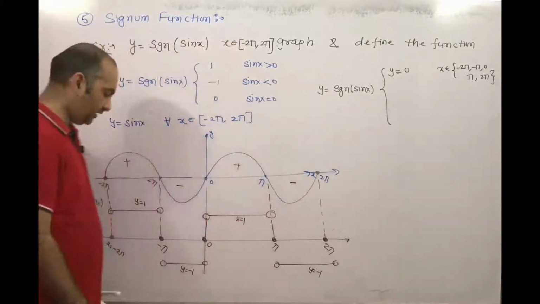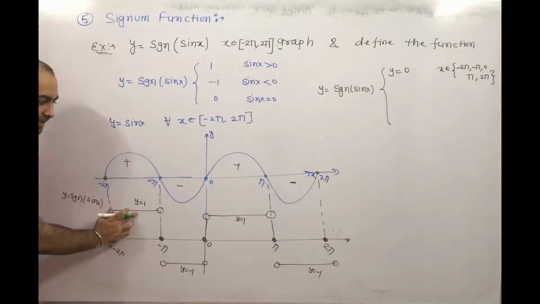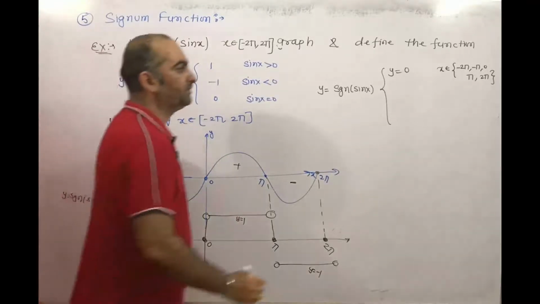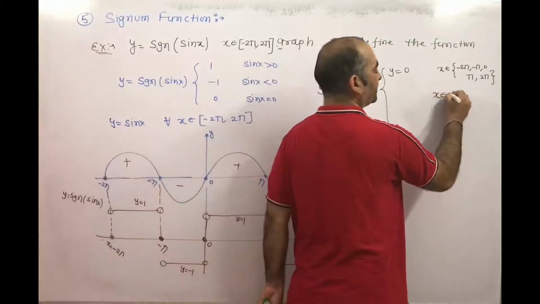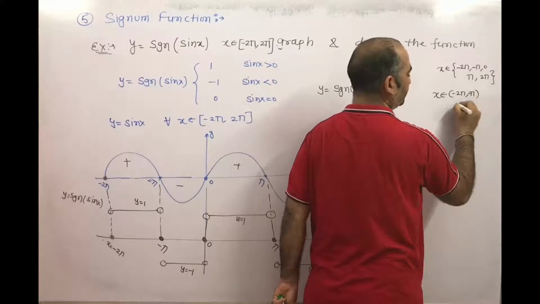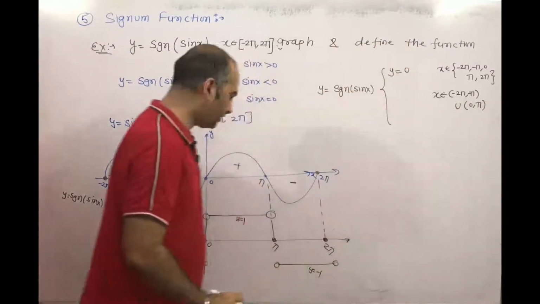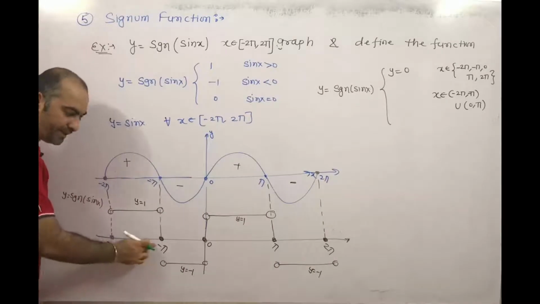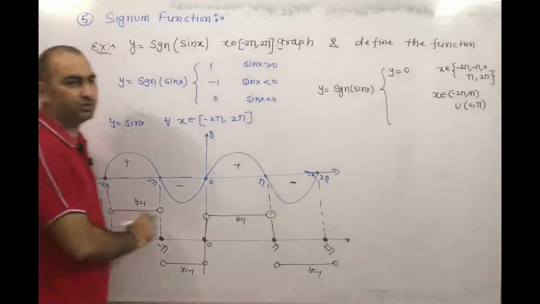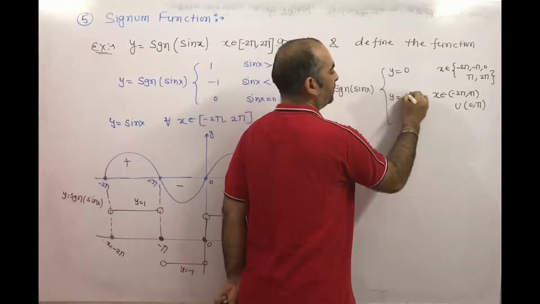Now if we take the interval minus 2 pi to minus pi, y equal to 1 we are getting, and 0 to pi also we are getting y equal to 1. So in these two intervals, x belongs to minus 2 pi to minus pi union 0 to pi, y equal to signum of sin x value is 1.